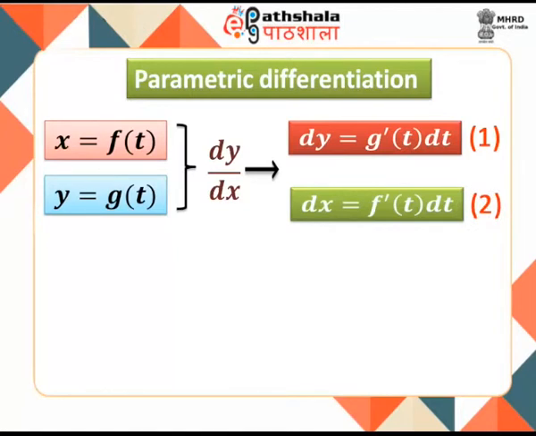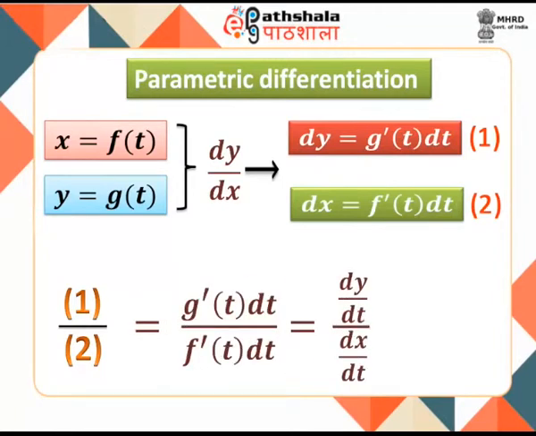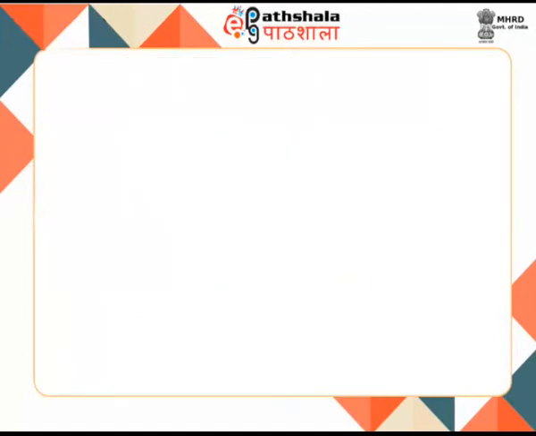Now dividing 1 by 2, we have dy by dx is equal to g dash t into dt by f dash t into dt, equal to dy by dt divided by dx by dt.